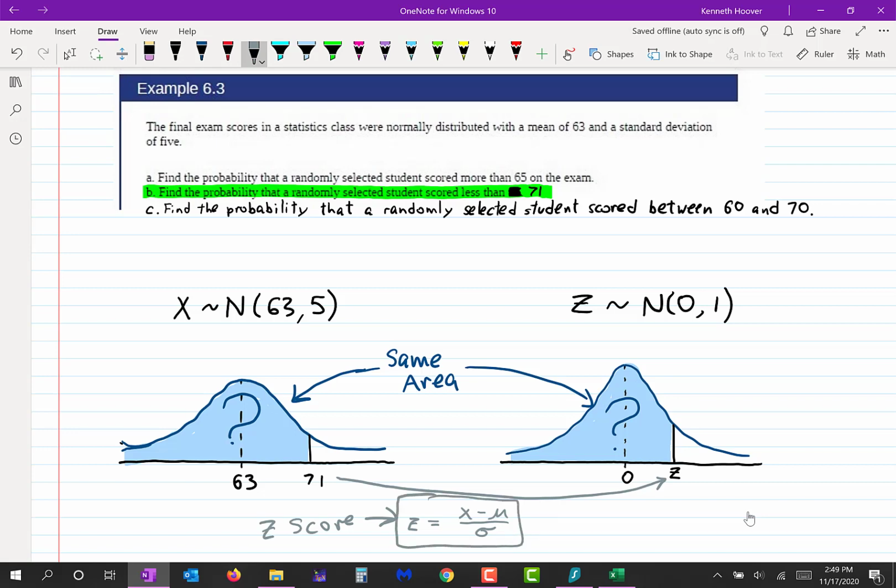Write that down somewhere because you're going to need to use that formula over and over and over again. Okay? So for us, our z-score is going to be 71 minus 63 over 5. What does that equal? That equals 8/5, which is 1.6.